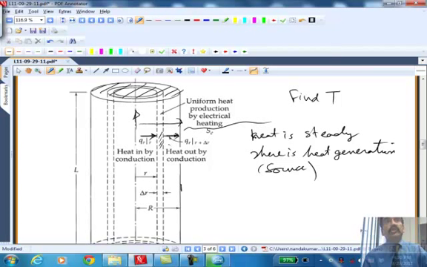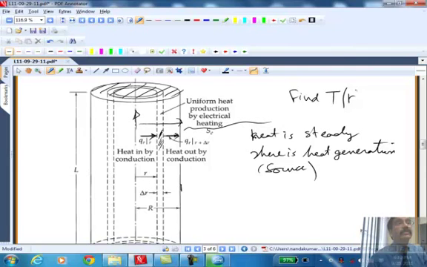Okay, but in our case, what we are saying is that this temperature variation is going to occur only in the radial direction, and there is no variation with respect to time because it's steady state. There is no variation with respect to axis because it is infinitely long, and there is no variation in the theta direction. Why? Axis symmetry. So it's a function only of r.